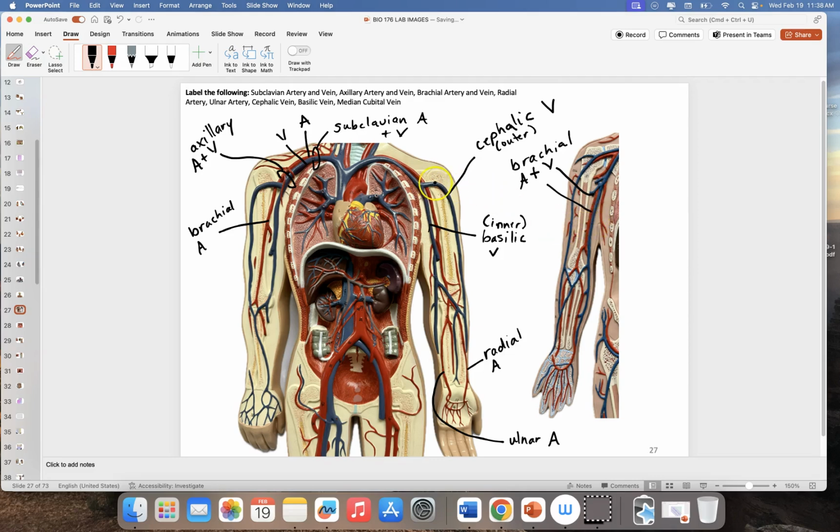And we can see that it starts up top and it goes all the way down. So all the way down on the outer portion of the arm. Same thing with basilic. It goes all the way down on the inner portion of the arm.